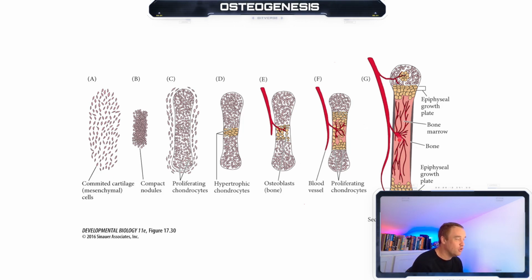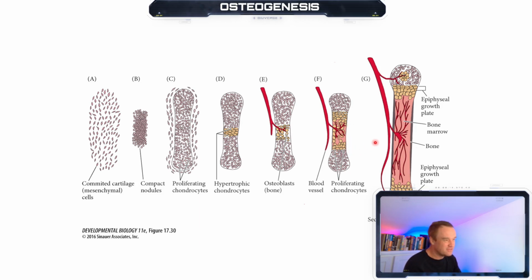This consists of ordered waves of proliferating, hypertrophic, and mineralizing chondrocytes. So like making chondrocytes as a mold, breaking them down, replacing the cartilage with bone over and over and over again. And then the secondary ossification is when these blood vessels enter and they bring those osteocytes to aid in the ossification process.